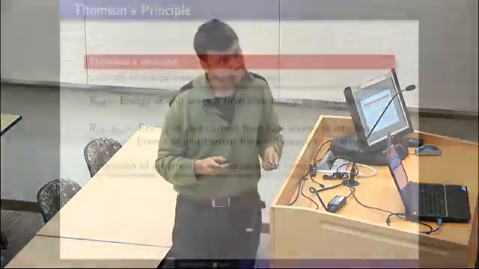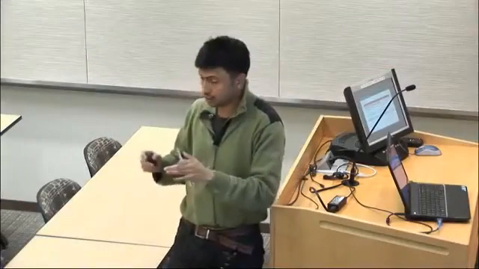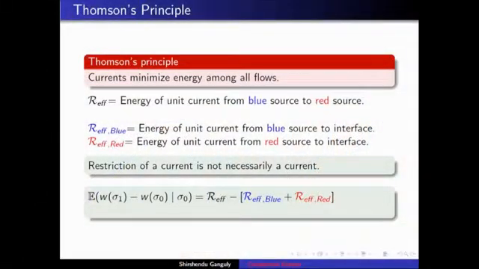And Thomson's principle sort of says that if you look at a graph, and look at any flows, then the minimum energy of a flow is attained only when the flow is a current itself. So currents minimize energy among all flows, and so then you can see why this thing should be non-negative at least.